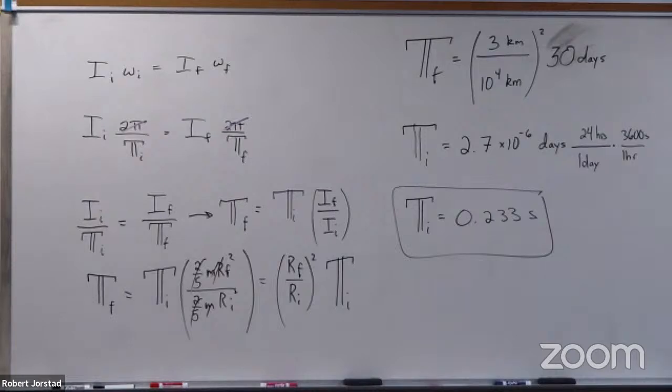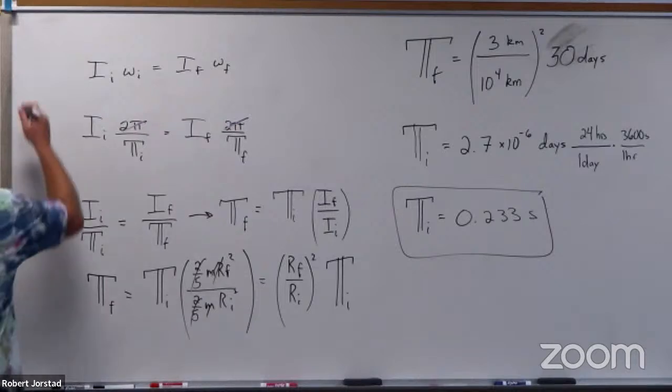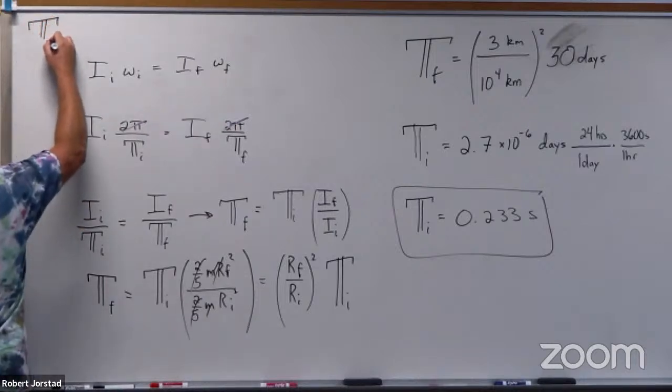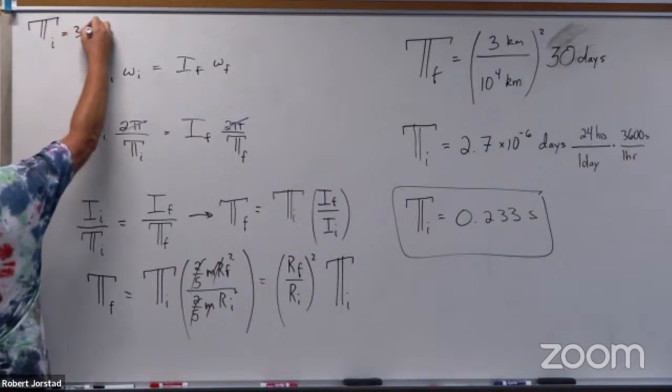Let's get the change in energy now. So we need to do the change in energy again. Running out of room here. I guess we'll do it over there again. I'm going to write this up right here. T initial was 30 days.